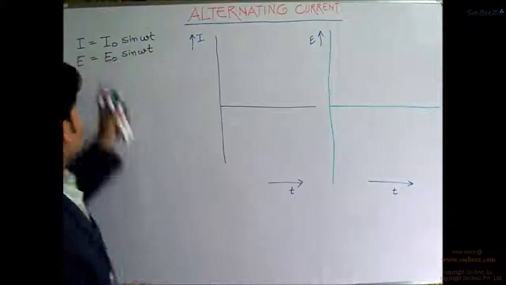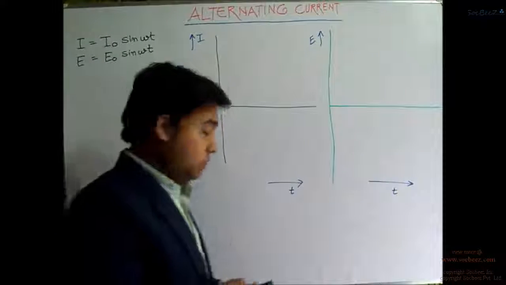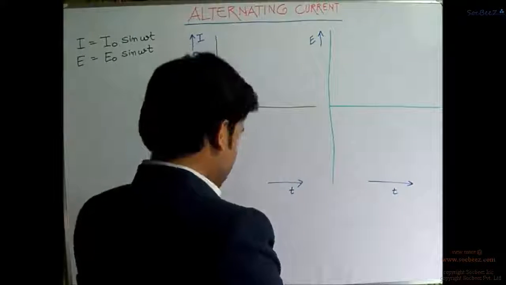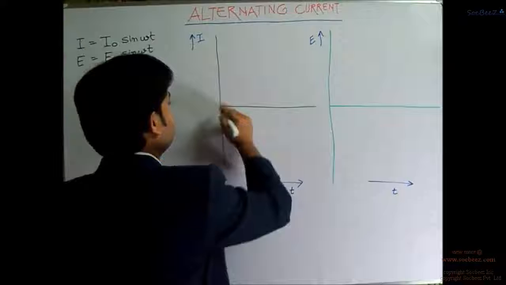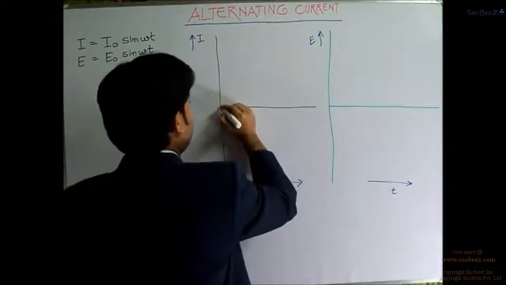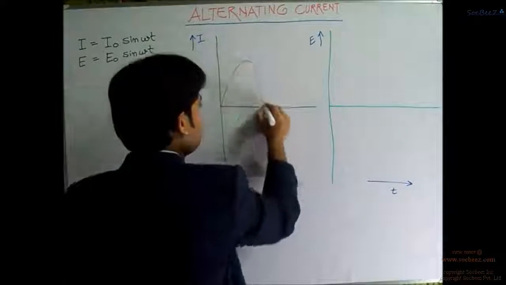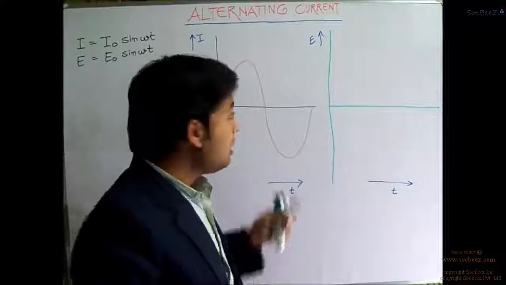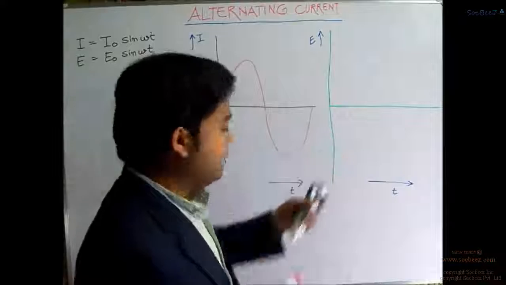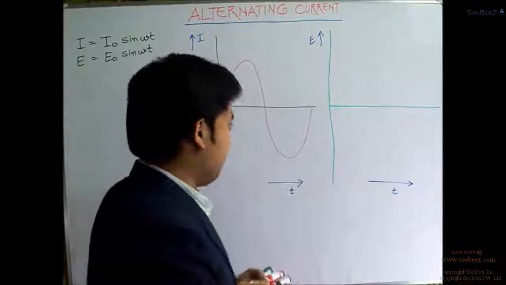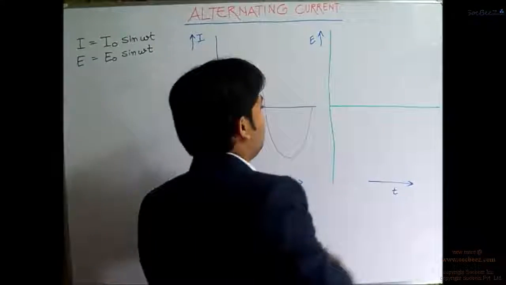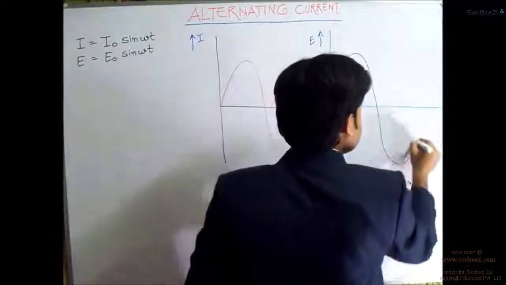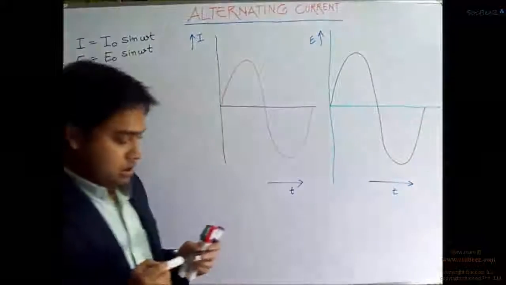And now, as for these two given equations, we can draw a graph. The graph will look like this for alternating current, right? And as well as for this alternating EMF, the graph shall look like this now.